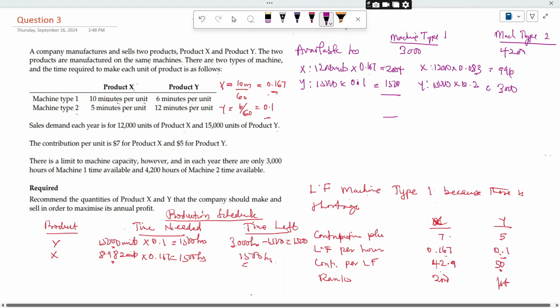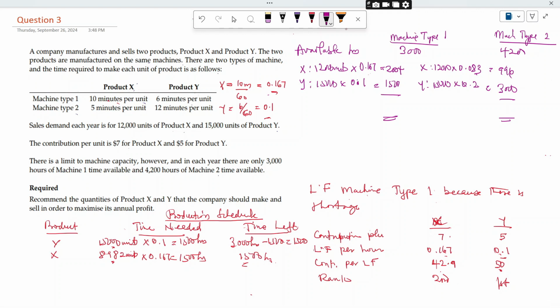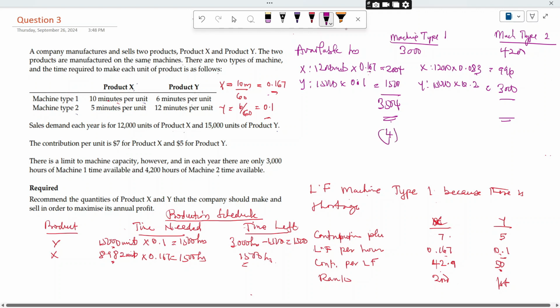Now when you total, this total will be in hours. So we have 2,004 plus 1,500, giving us 3,504. Remember earlier when we did the computation, it was 3,500, so the difference is 4, which is as a result of the decimal places.